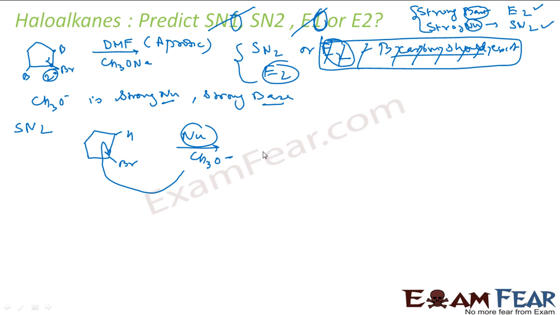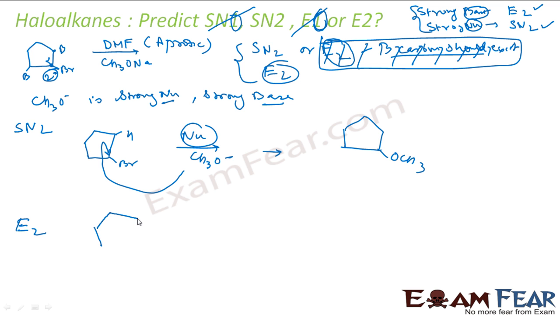So the nucleophile will attack this carbon and form this product. CH3O minus will attack this carbon, the bromine will be kicked out, and OCH3 minus will take its place.